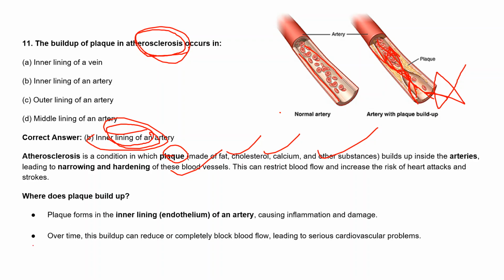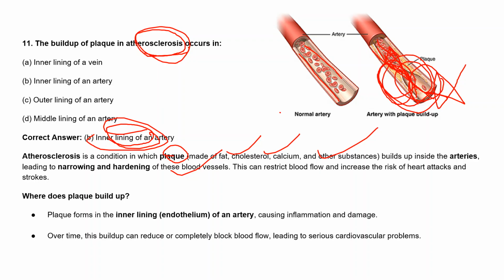This plaque builds up normally in the endothelium layer of an artery, that is the inner lining of an artery, which causes damage and inflammation. Over time this buildup can also reduce; it depends.